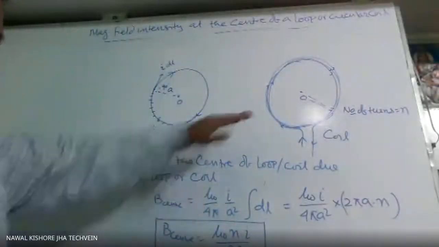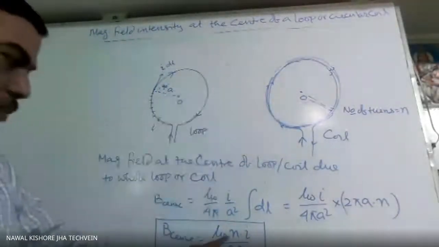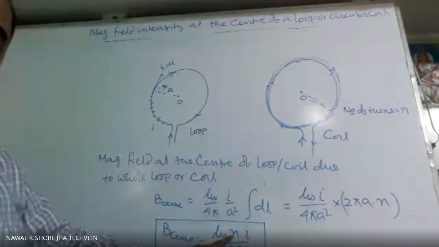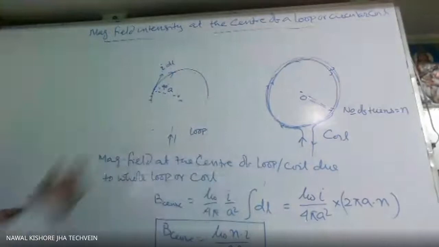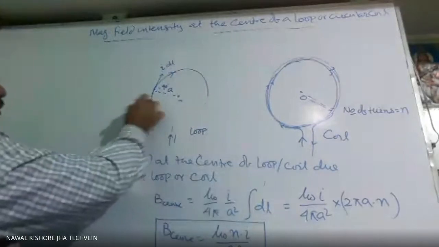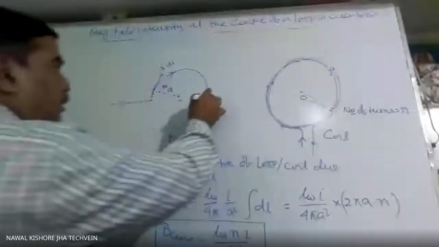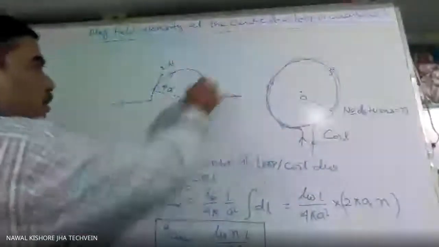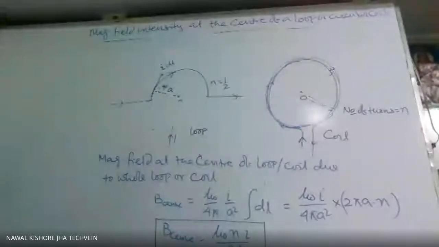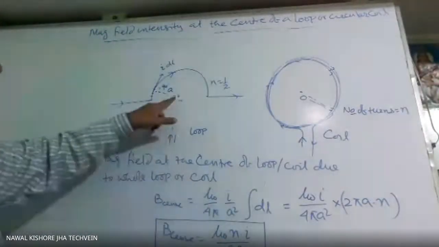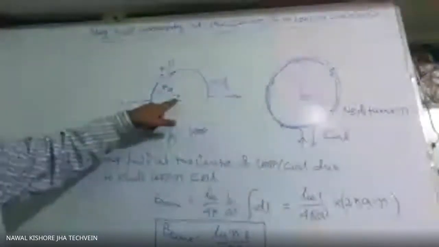If the number of turns is more than 1, the value of N will be more than 1. If only half a loop is there, like this, so current is coming this way and it is going this way, then this N will become half. So we will use this formula only when you are asked to find the magnetic field at the center.